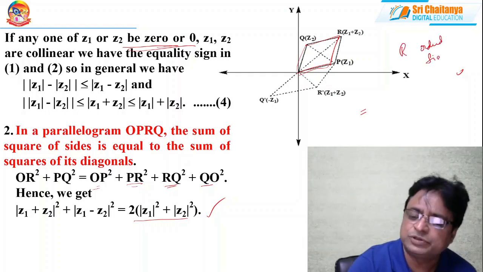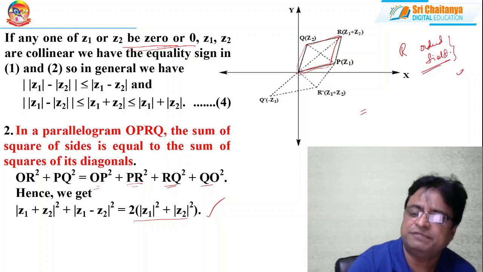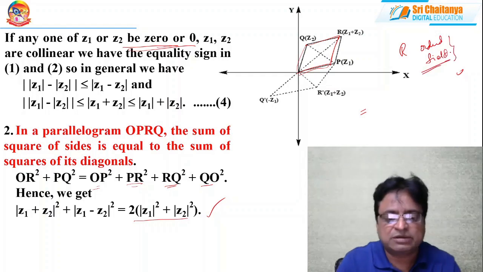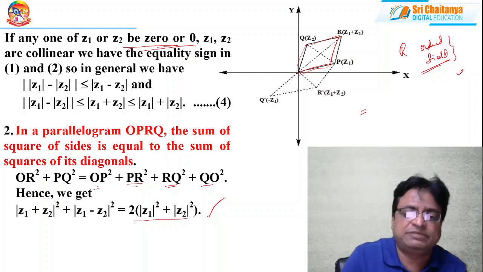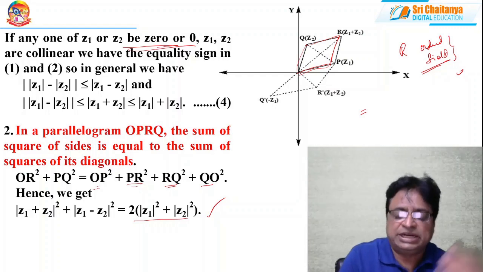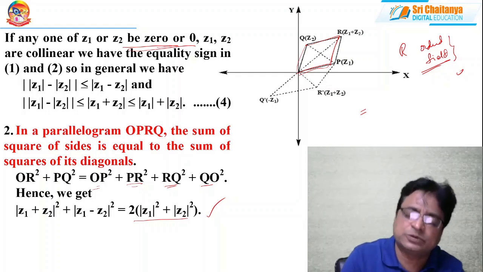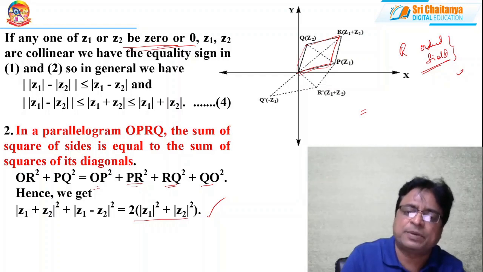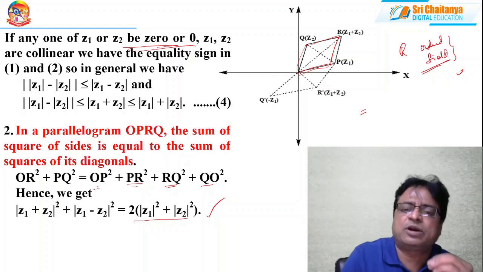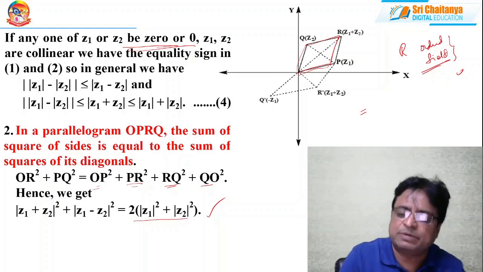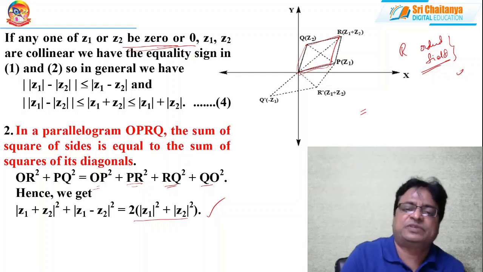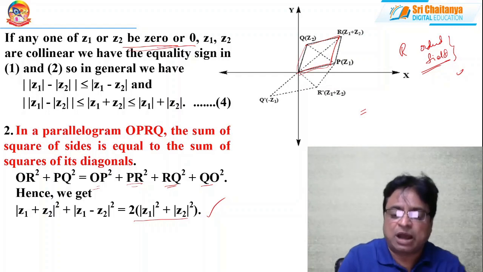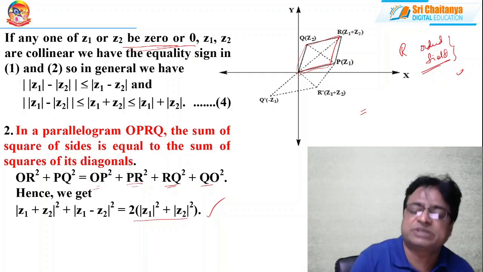That means the set of real numbers satisfies all field axioms. With respect to addition as operation, it satisfies the closure, associative, identity, inverse and commutative properties. Similarly, with respect to multiplication also, it satisfies all these properties. Apart from that, the distributive property is also satisfied, and moreover, all the order axioms are also satisfied.